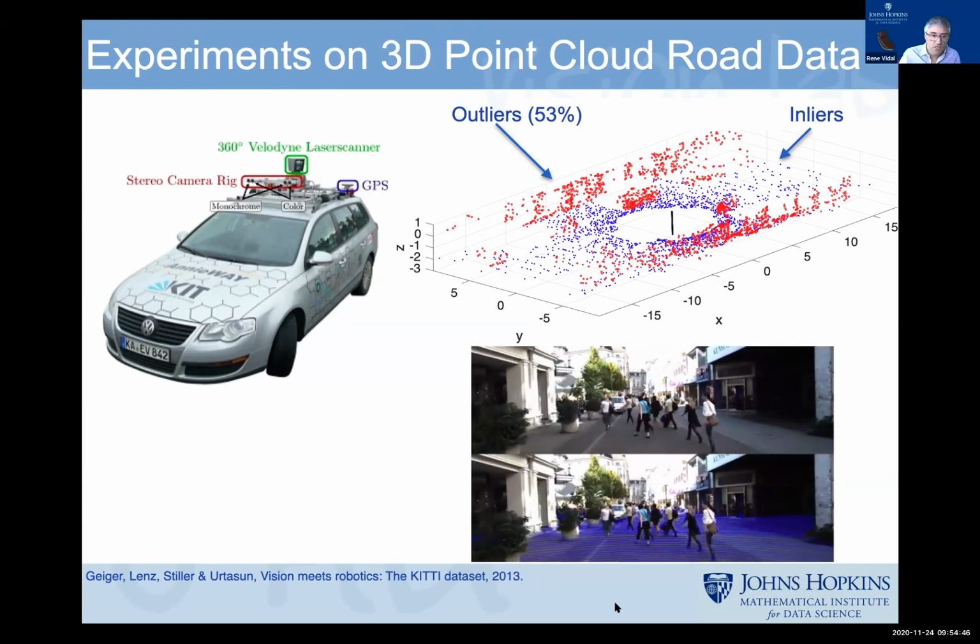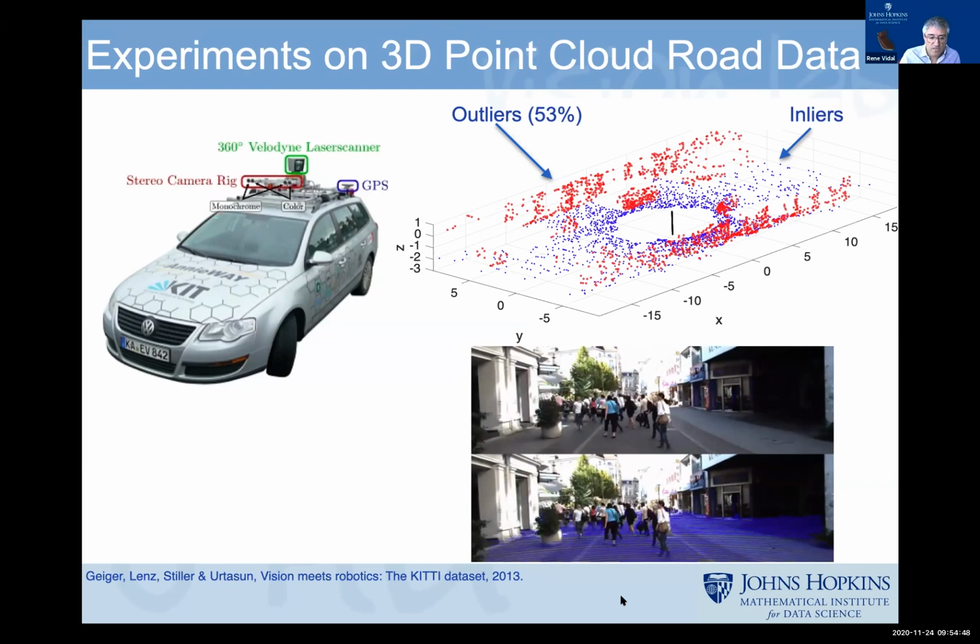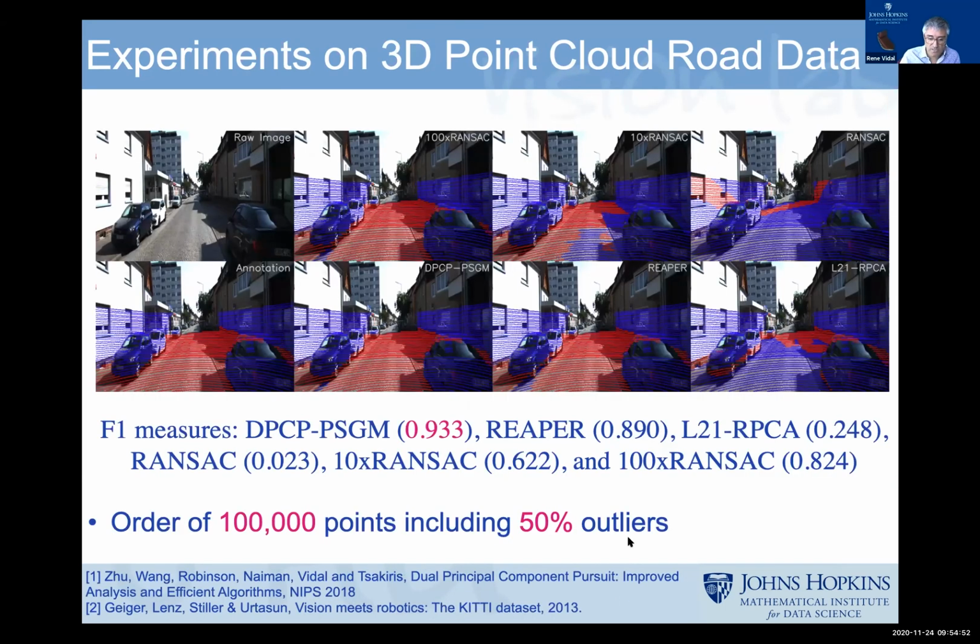So this is showing the results on over 100,000 data points, and the F1 measure is a measure of the agreement for the detection of inliers. It is not exactly what percentage of the inliers are properly detected, but I think you're familiar, right? There are the false positives and false negatives, so you get the F1 measure out of it.